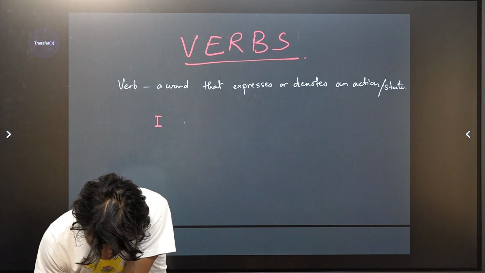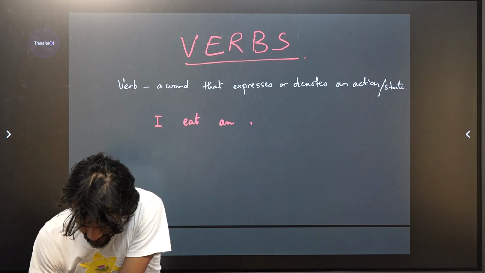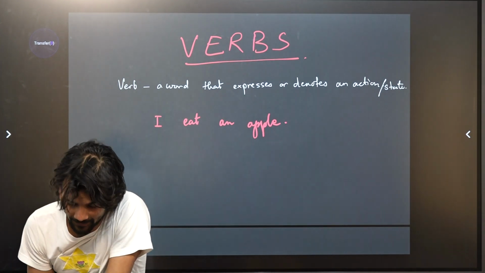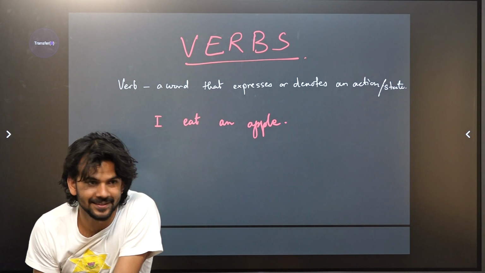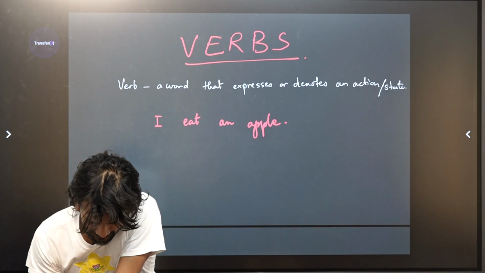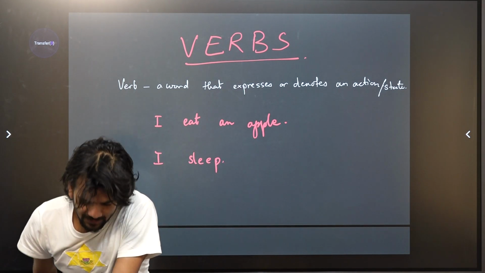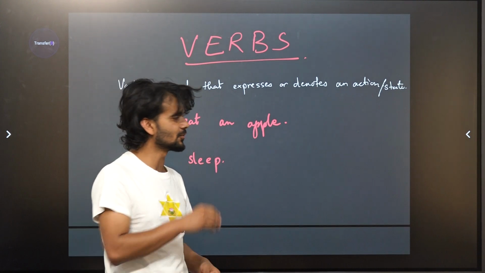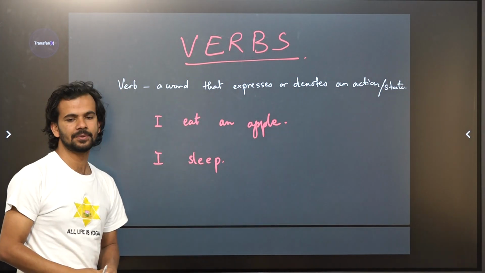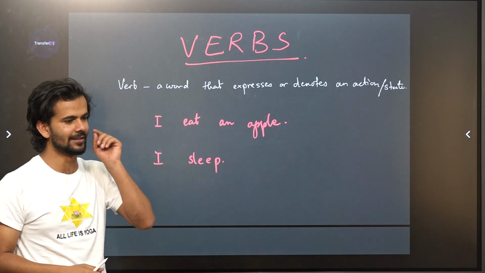I eat an apple. World famous sentence. I eat an apple. This is my first sentence, and I have another sentence. Let's say, I sleep. Look at the sentence structure of these two sentences. I eat an apple and I sleep. Not "and I sleep", but "I sleep" is another sentence already.